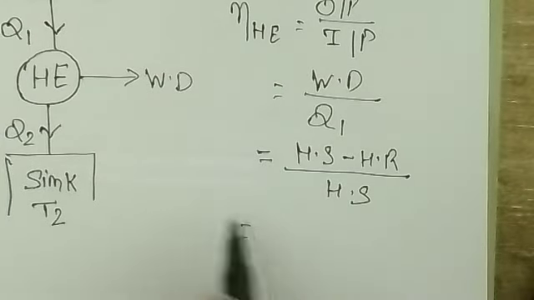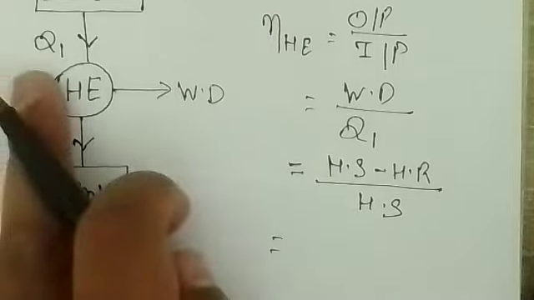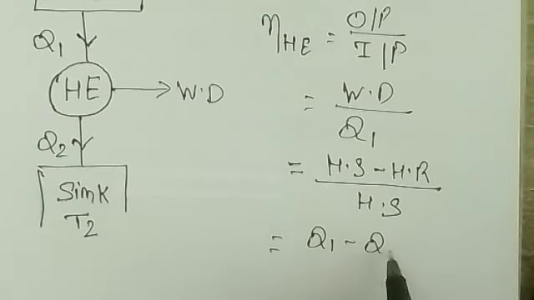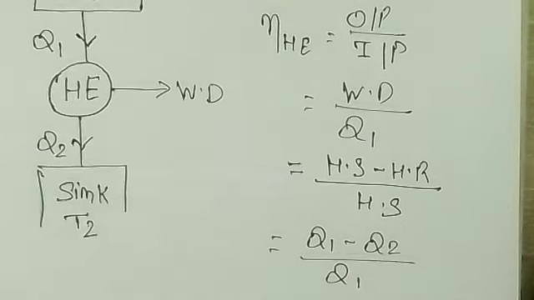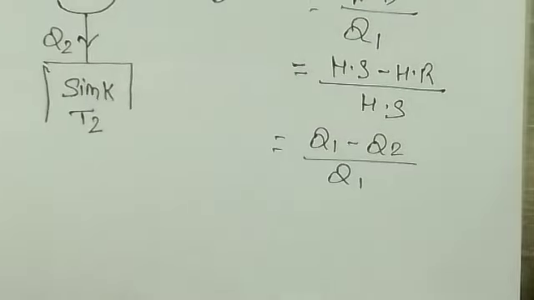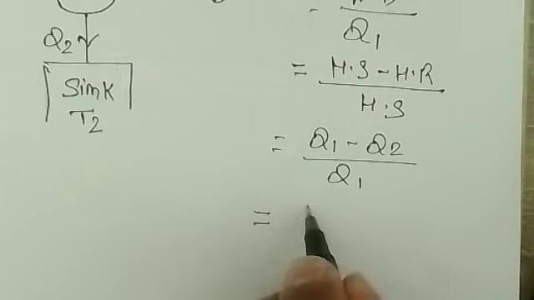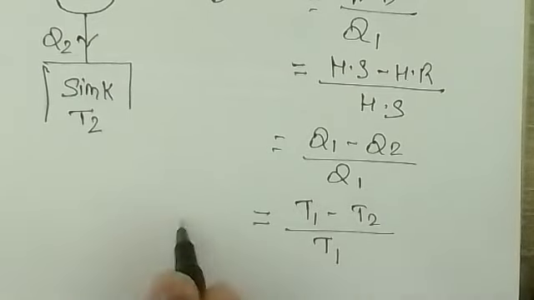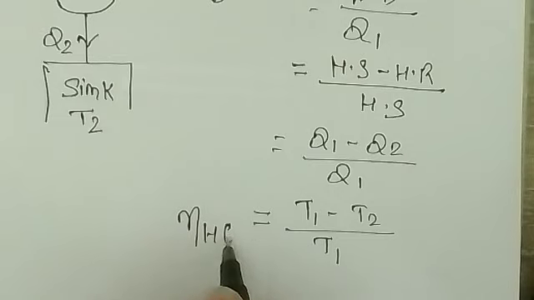Heat supplied is Q1 and heat rejected is Q2. So your equation will be (Q1 minus Q2) by Q1. Since heat is a function of temperature, it becomes (T1 minus T2) by T1. This is the efficiency of a heat engine, right?